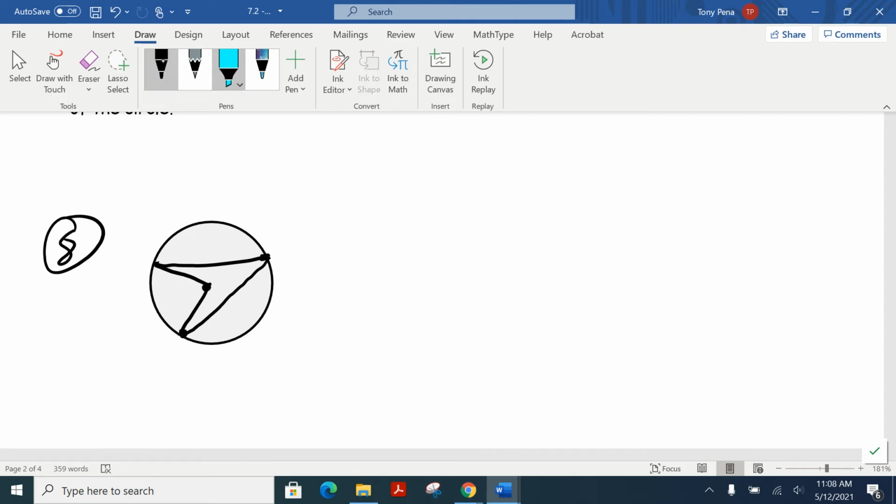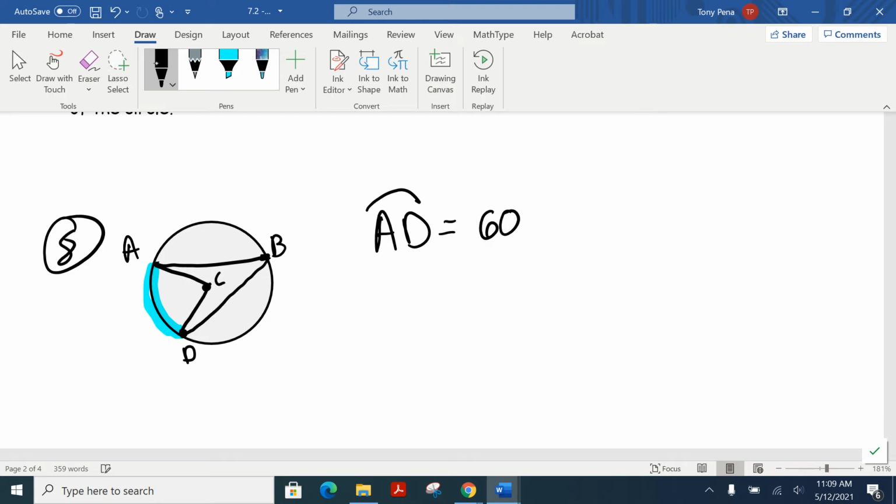Let me label these with some letters, A, B, C, and then D. What I'm going to tell you is that the arc drawn from A to D is equal to 60 degrees. And what I want you to find is the measure of angle ACD and the measure of angle ABD.